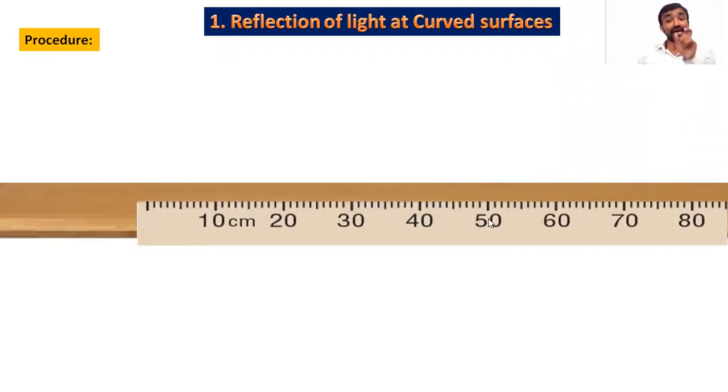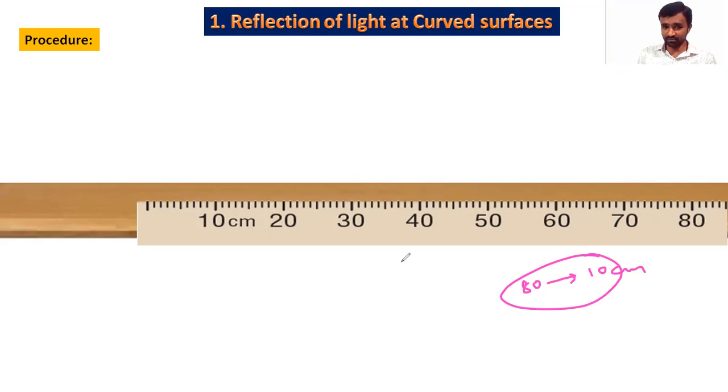So directly I will select the position of the object, where I have to place the object. Already it is decided first. So where I am going to place it, 80 centimeters to 10 centimeters I will follow. Right? First 80 or 70 or 60, like that I will follow.